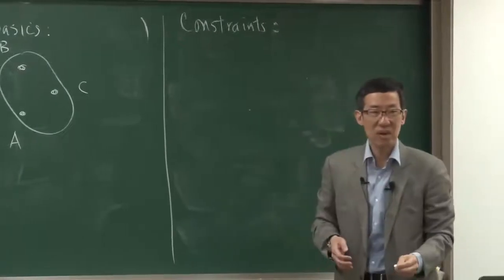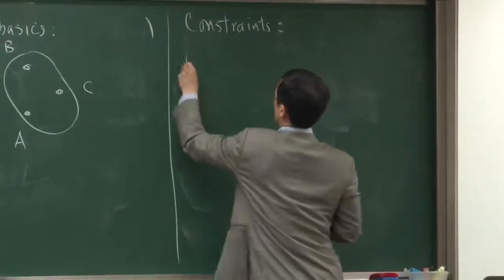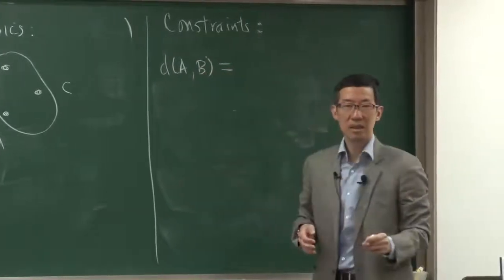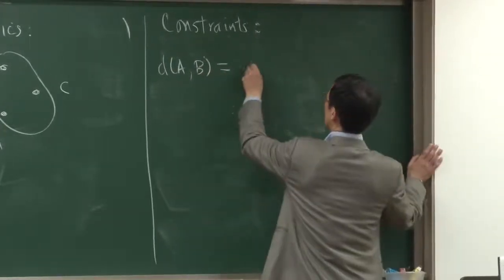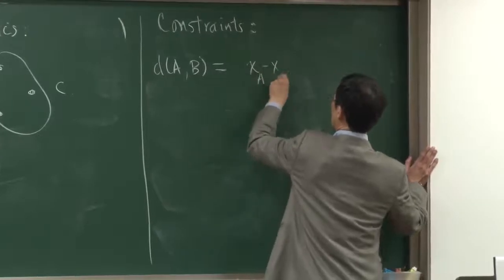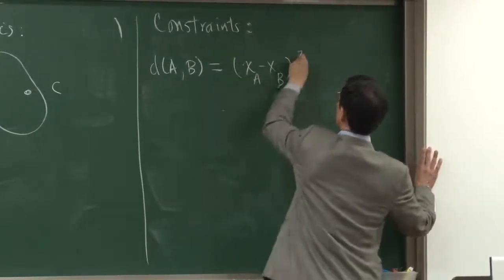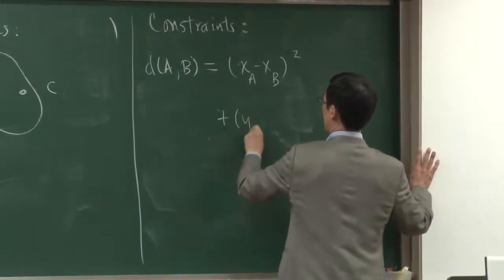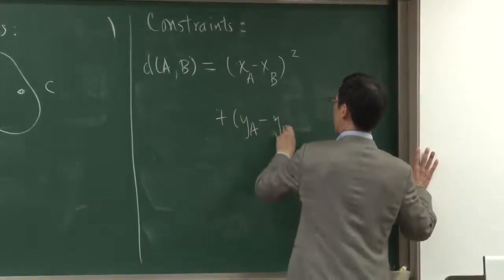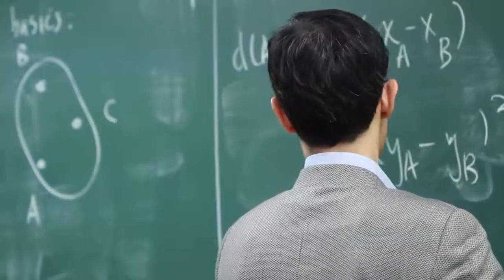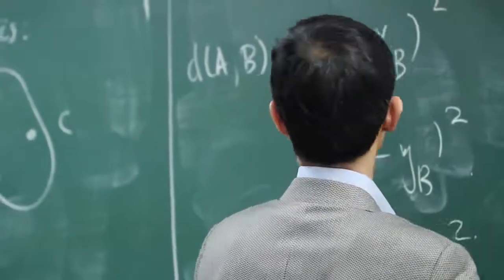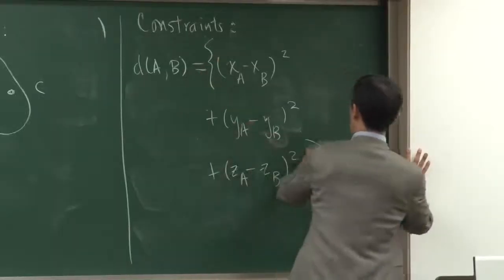The distance from A to B is, well, let's write down the formula. It's xa minus xb squared plus ya minus yb squared plus za minus zb squared, the whole thing square root.